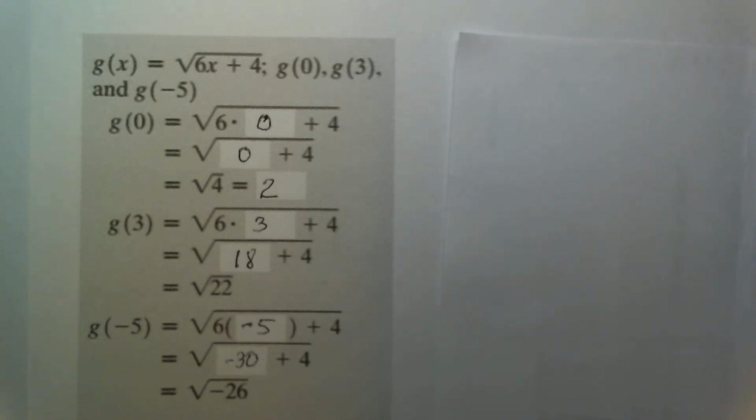And there's no real number function value that exists for that. So minus 26 is a negative radicand, and no real number function value exists for this value of x, g of minus 5, x equals minus 5.